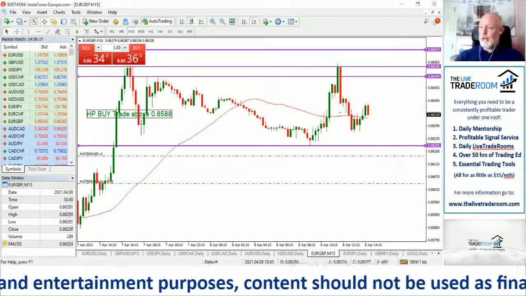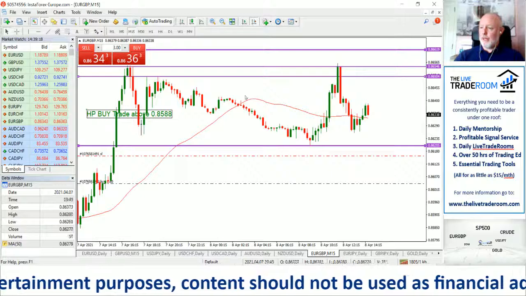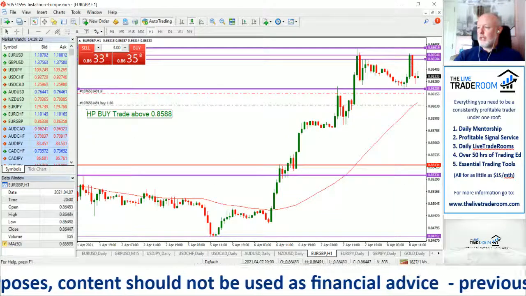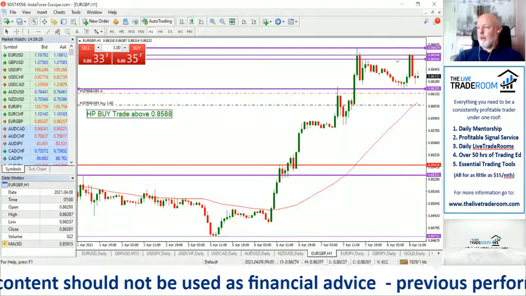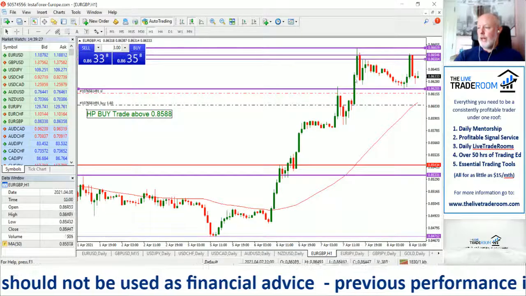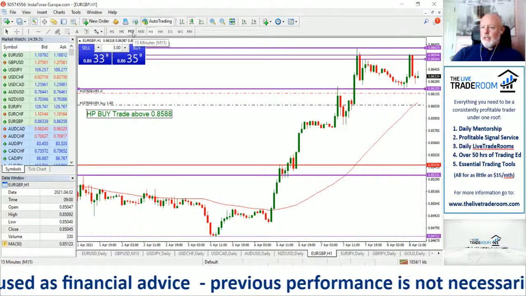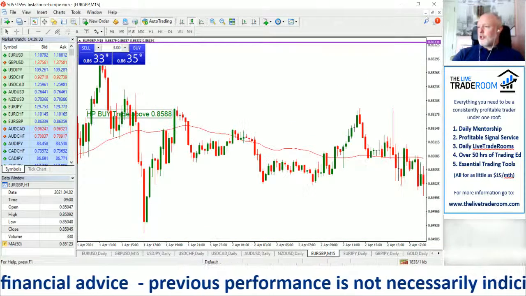There's just no need to expose capital like that. You could look at it on the hourly time frame as well. It's just sideways moving. We're failing to make new highs, we're failing to make new lows, and we're just drifting sideways. So let's see what happens next in this trade.